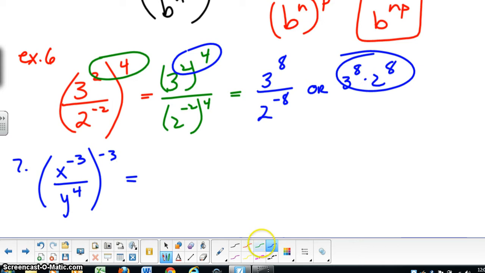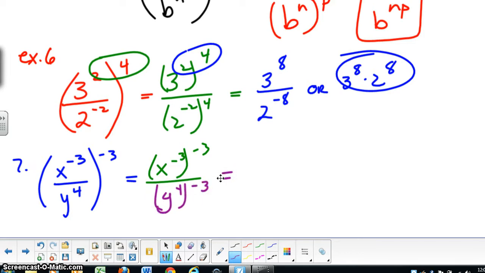Okay, so individually the top would look like this, x to the negative 3 to the negative 3 over the bottom, which would be y to the 4th to the negative 3. Okay, so if you multiply the power to power, use that rule, negative 3 times negative 3 is 9, and the power to the power of the rule on the bottom is negative 12. Okay, or with no negative exponents, it would be x to the 9th and y to the 12th.